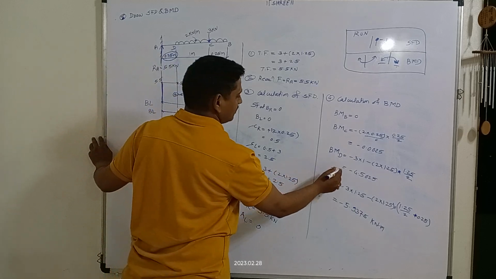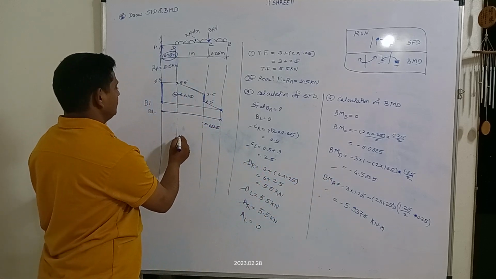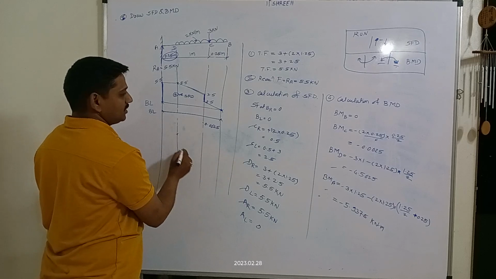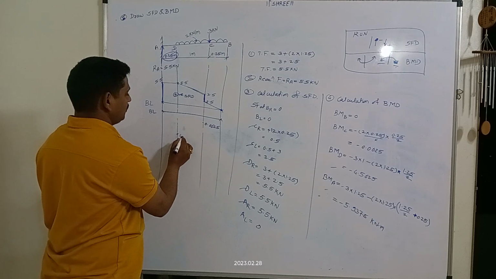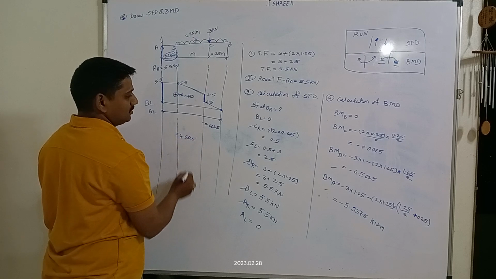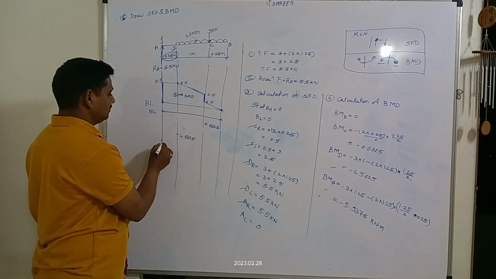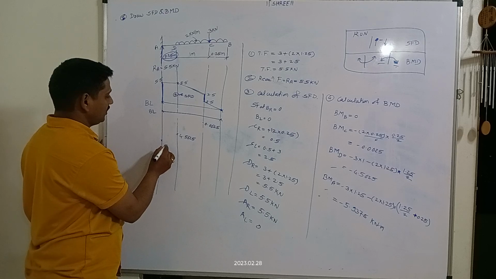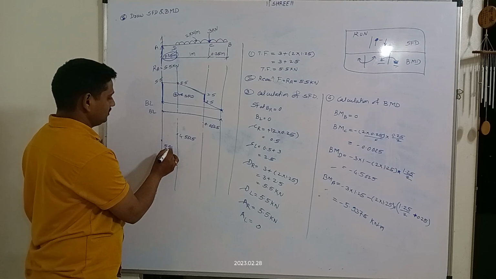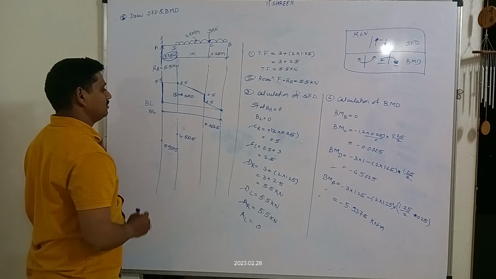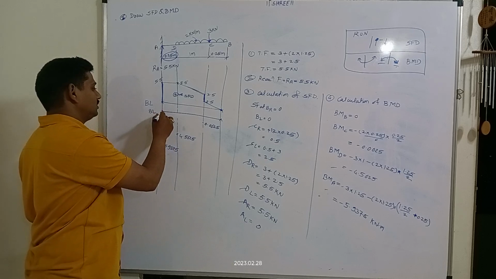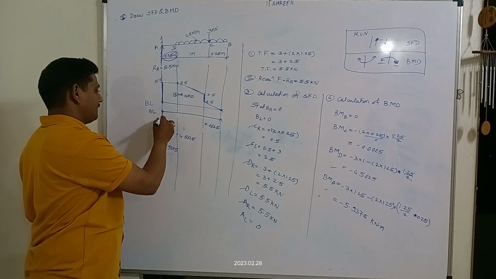At point D, here the value is minus 4.5625, and at last, bending moment at point A is minus 5.9375.